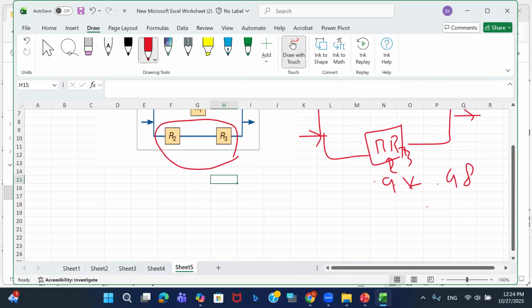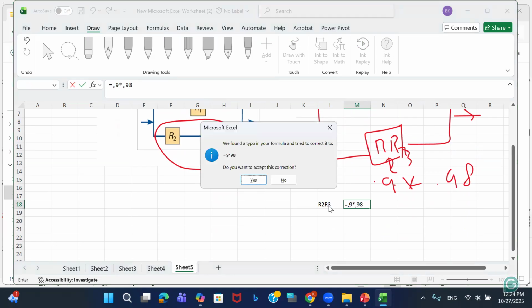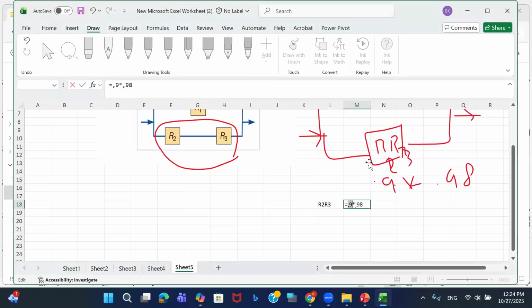So if you multiply these, let me do it here. I put R2, R3 is equal to 0.9 times 0.98. You see, I put a comma instead of a point, that's why.